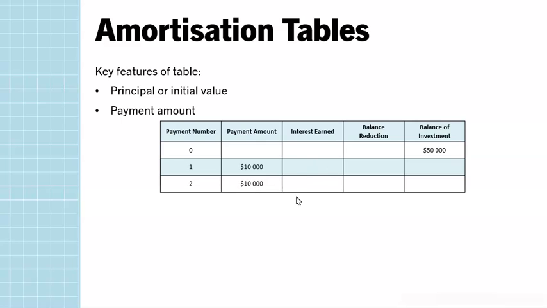And we have a column for the interest earned, because we are earning interest on our investment, but then we are also having a balance reduction. And much like previously, the interest earned and the balance reduction will add together to give us our payment amount. So we are able to fill gaps or find missing values by just filling a gap, but we also need to understand how to actually calculate each of those individual values as well, if needed.